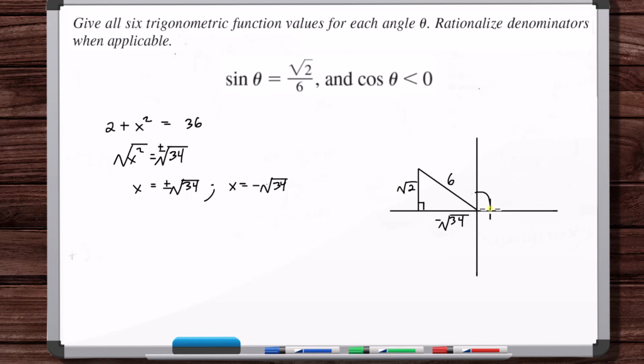This is the angle. But we come here and we say, okay, so what's cosine? Adjacent over hypotenuse, minus root 34 over 6. What's tangent? Root 2 over root 34. Or that's going to be minus, so minus.